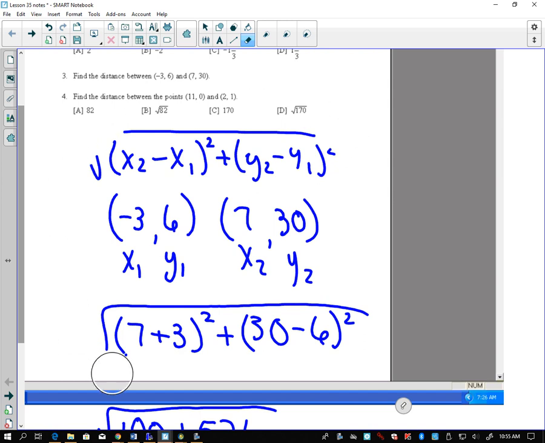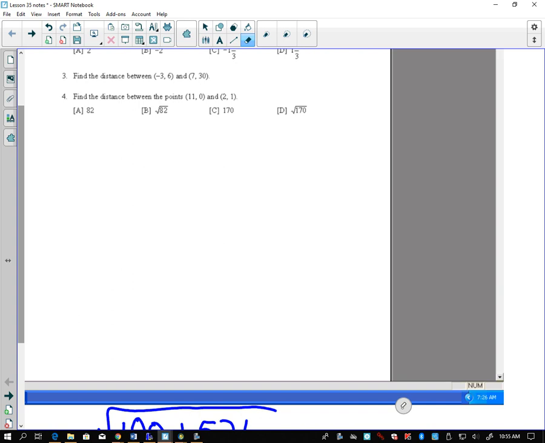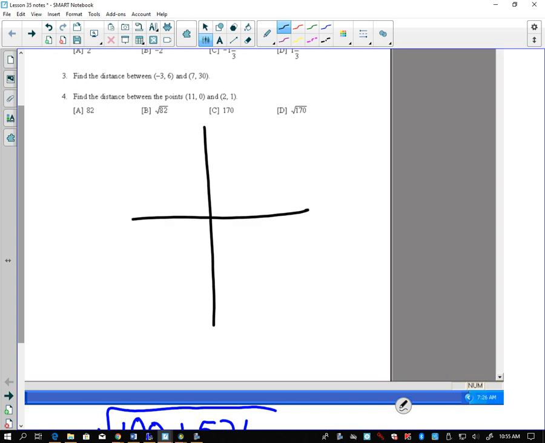What I want you to understand is that let's take just a coordinate grid of where these things are. Negative 3, 6 should be right around in here, right? And 7, 30 is way up there somewhere, right? And we're looking for the distance between those 2 points, correct?